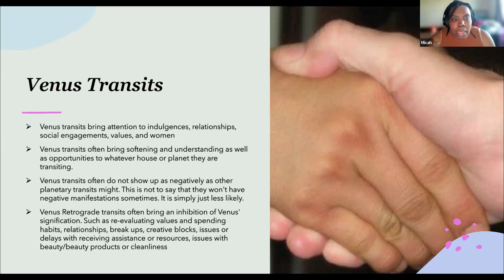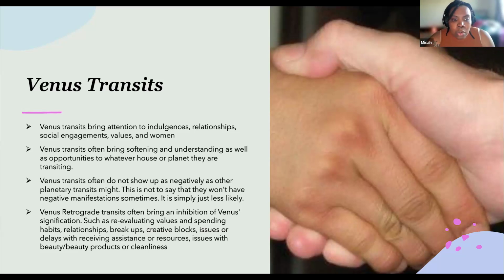I think at most what you might see with Venus retrograde is breakups, but that is during its retrograde time, where I think you kind of expect to see some sort of issue with Venus things.